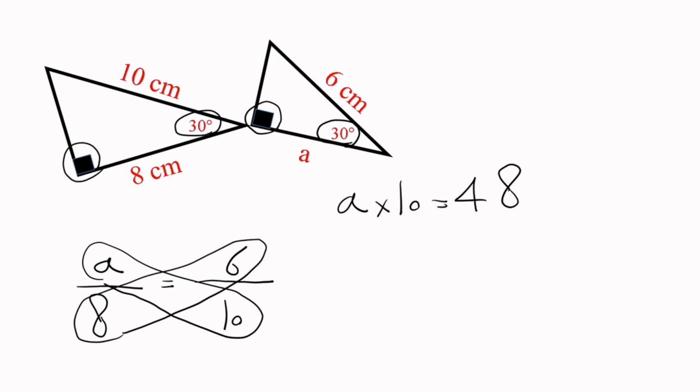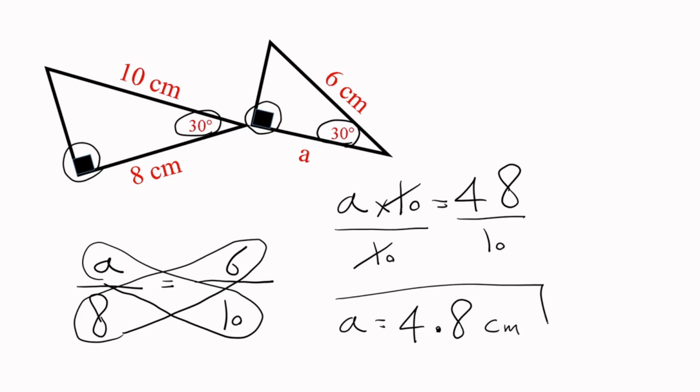I must make the coefficient of A 1. How am I supposed to do that? By dividing both sides by 10, because I'm not allowed to divide only one side by 10. These two are going to cancel each other out, and 48 divided by 10 is equal to 4.8 centimeters. And this is the only correct answer of this example.